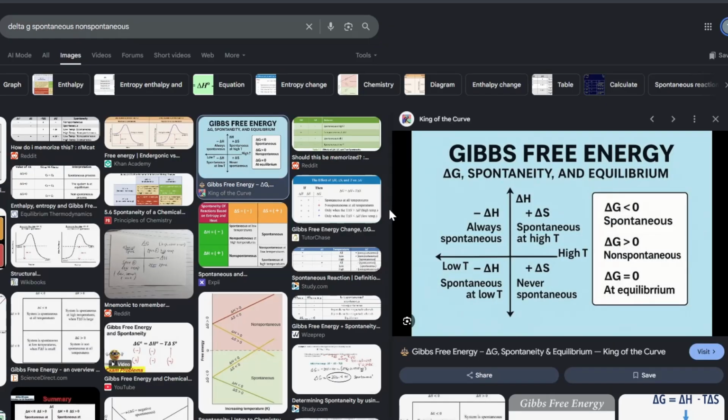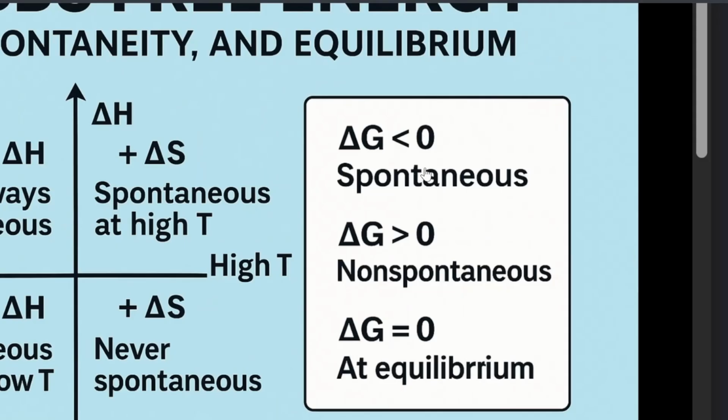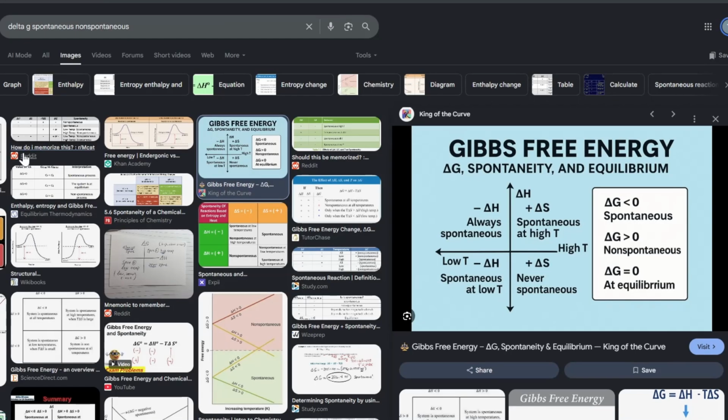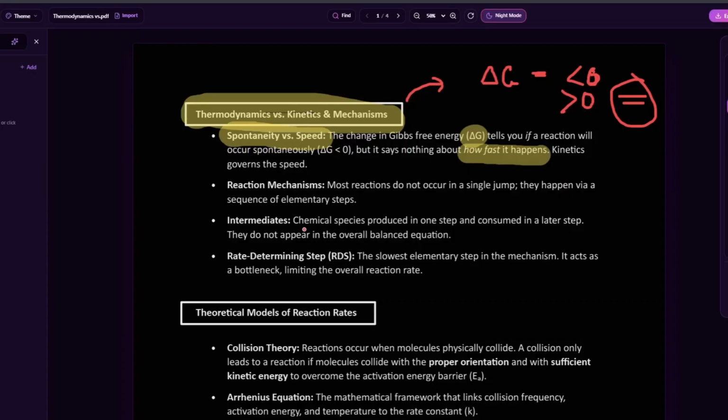Here's the chart where I just reviewed exactly what I said. Try not to confuse yourself too much. Try to make it simpler while you're studying that.